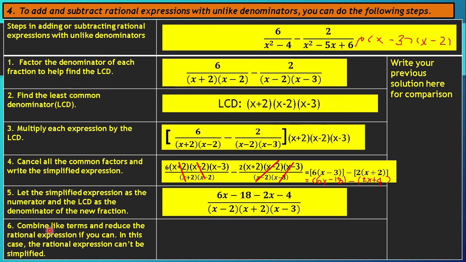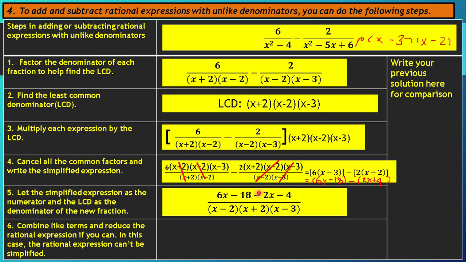Final step is to combine like terms and reduce the rational expression if you can. In this case, the rational expression can't be simplified. Okay, so combine tayo ng like terms dito sa numerator part. So dito, 6x, ang kaparehas niyang term ay negative 2x.